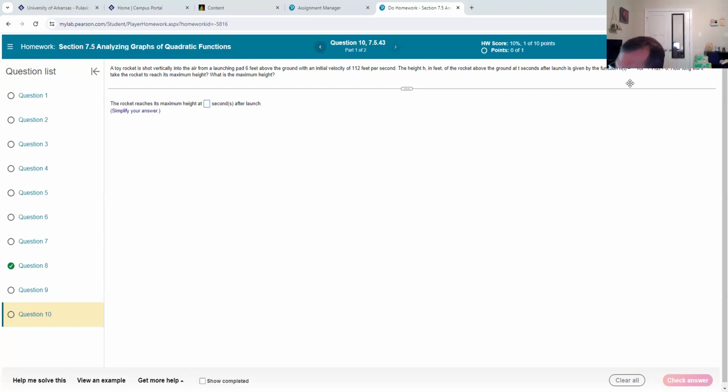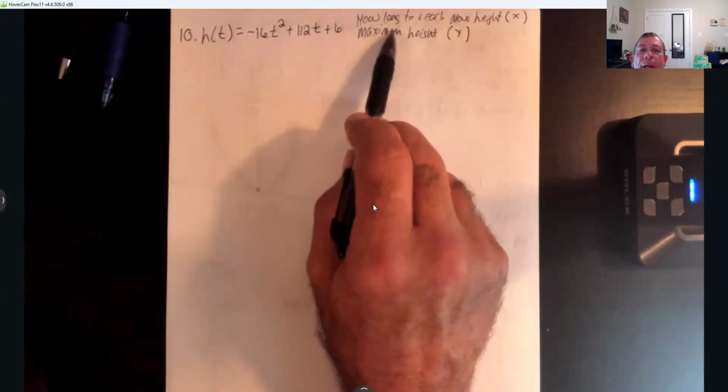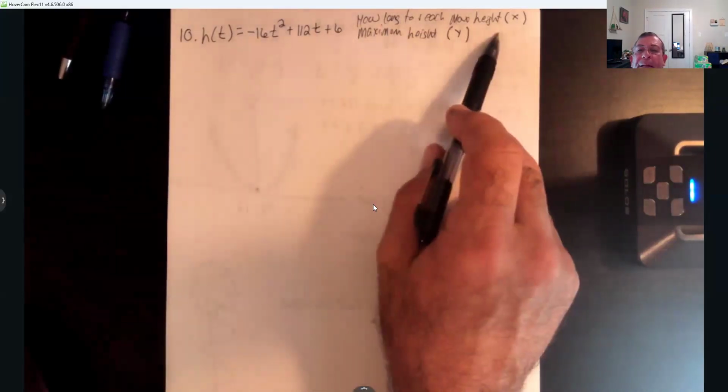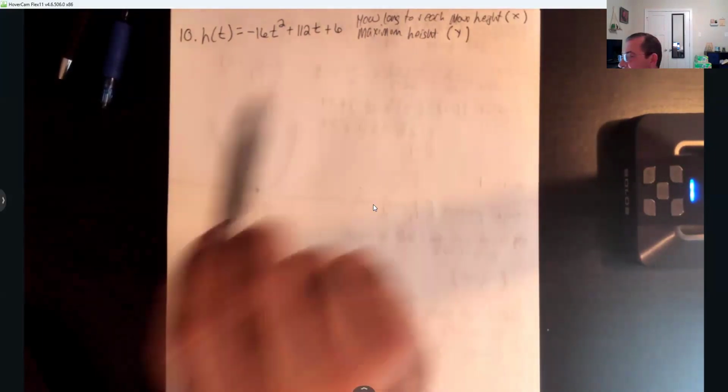And then it says, what is the maximum height? Well, remember, our min or maxes were equal to our y values. So y'all, I'm going to go back and share this now. Here's the formula we're using, and we want to know how long to reach the max height, which we said was the x, and then what was the max height.